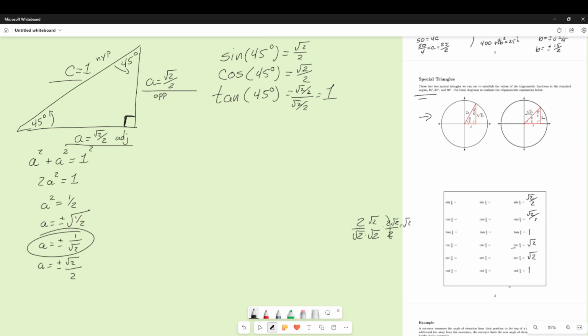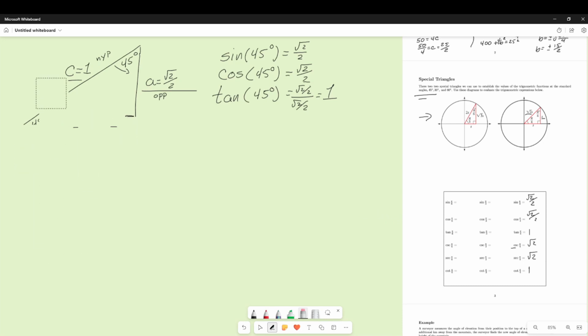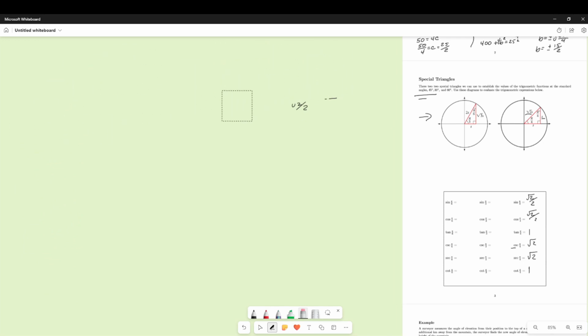So one of the reasons we like these 45-degree angles, these pi over 4 multiples of angles, is that we can geometrically determine the trig values for it. Okay, so that's the pi over 4 angles, the 45-degree angles. What about the 30s and the 60s, the pi over 6 and the pi over 3?